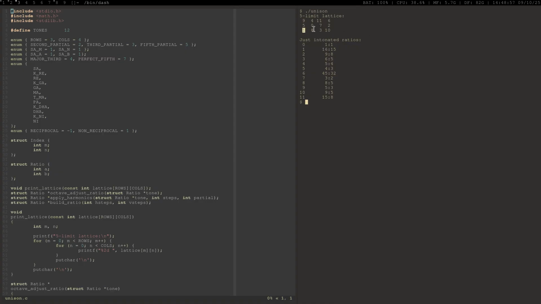If you were to work out the ratio from 1 here to 10 there, and just keep repeatedly applying fifths, you end up with a different ratio than if you did that by mixing in thirds as well. That's because if you keep stacking fifths, it's a different kind of tuning than if you mix in thirds to reach the same destination. So that's why we start at this point.